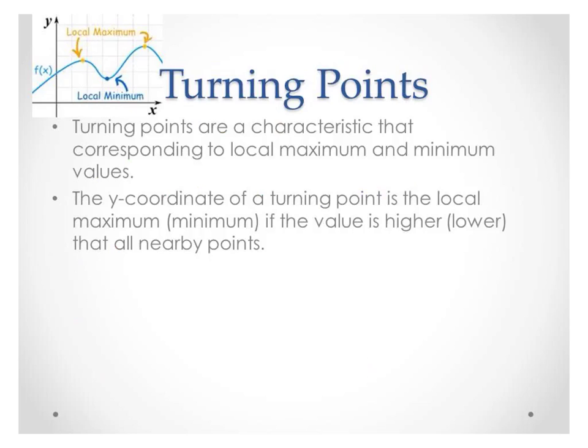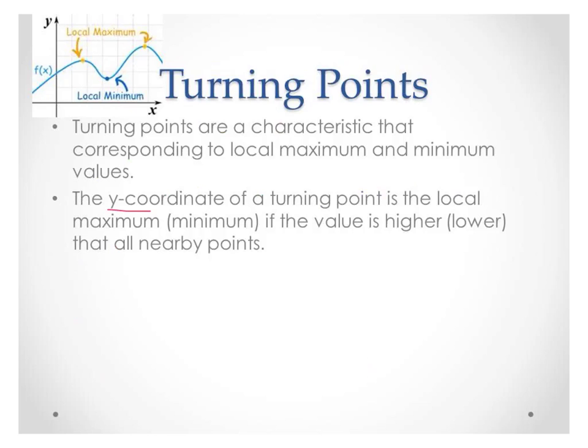So turning points, we've mentioned these a few times, but turning points are a characteristic that corresponds to a local minimum or local maximum. And you can have multiple minimums and maximums. It's just in that region that's the local minimum or maximum. The y-coordinate of the turning point is the local maximum or minimum if the value is higher or lower than all the nearby points.